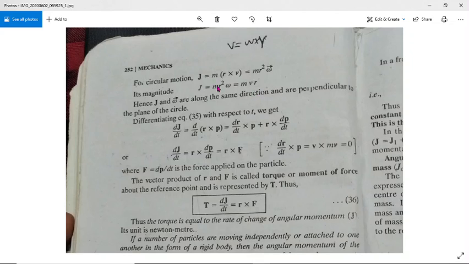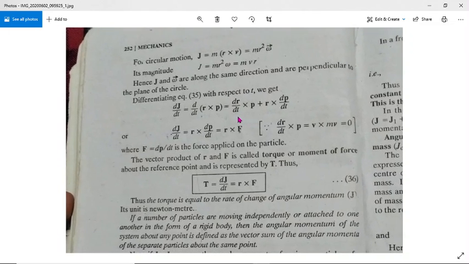Then if we differentiate J with respect to t, dJ by dt is d by dt of R cross P. From vector differentiation we can write dr by dt cross P plus R cross dp by dt. Here dr by dt is velocity, so the first term is v cross P. P is mv, m is constant, so it becomes v cross v, and this term becomes 0.